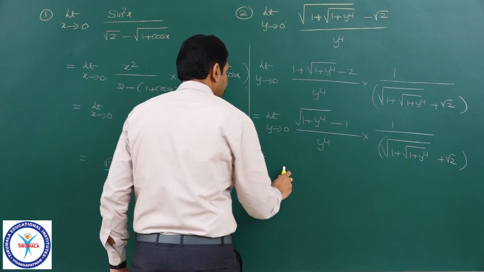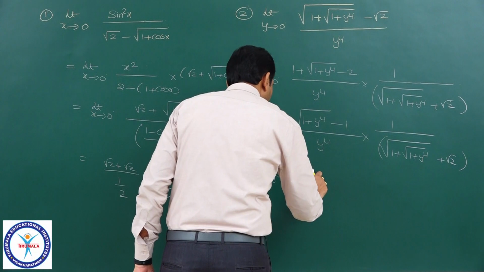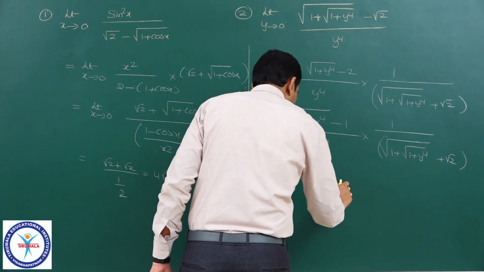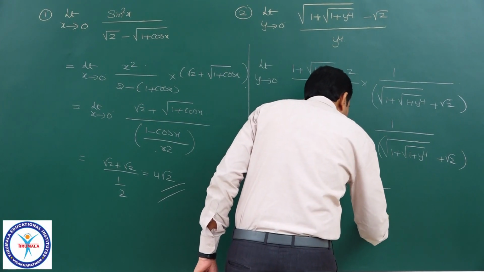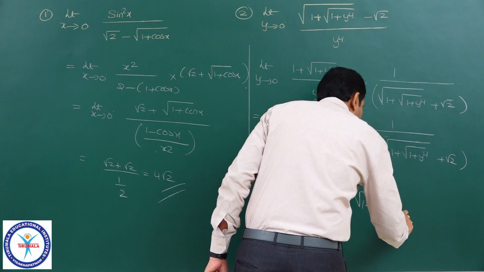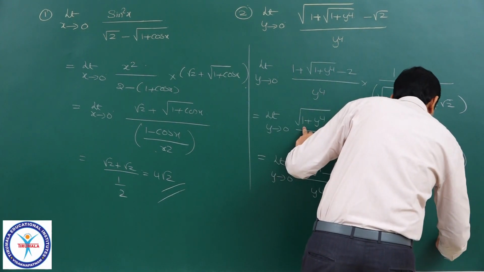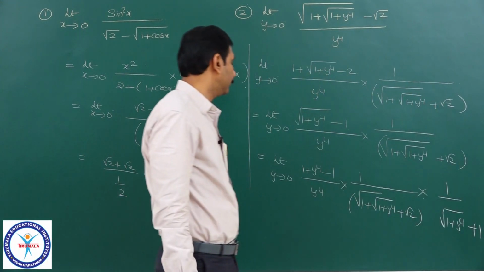If I rationalize that, limit y tends to 0, root of 1 plus y power 4 minus 1 by y power 4, this one as it is, by 1 by root of 1 plus root of 1 plus y power 4 plus root 2, into 1 by root of 1 plus y power 4 plus 1.